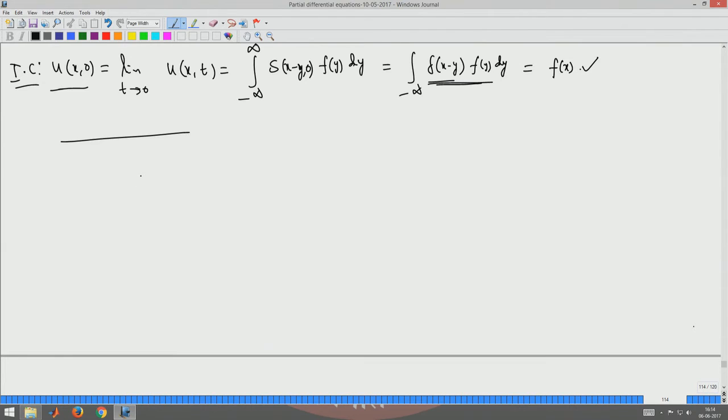For example, we'll do some more problems, for example, heat with source. We use this interpretation just to show you that we will try to solve the non-homogeneous heat equation, using the above interpretation.